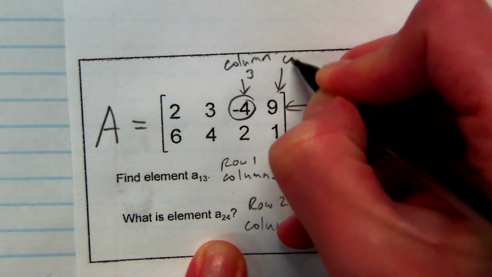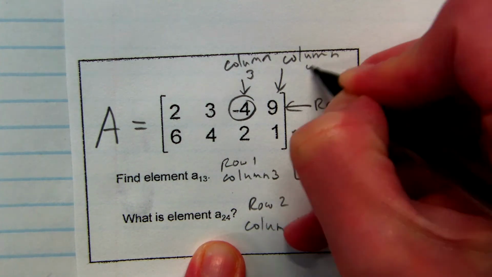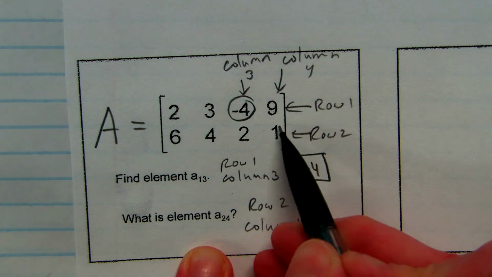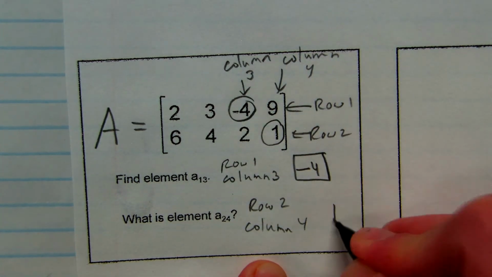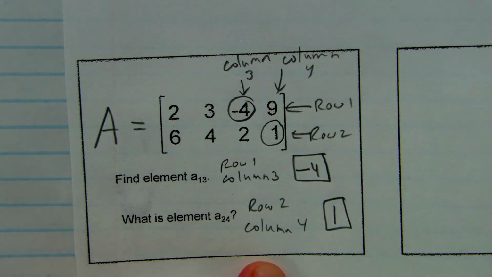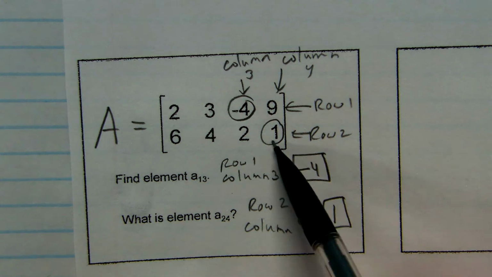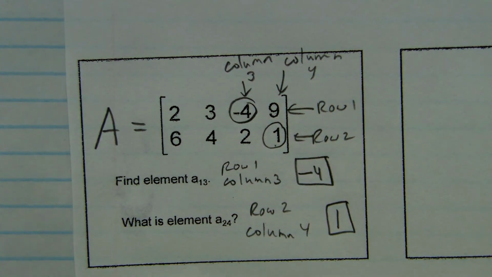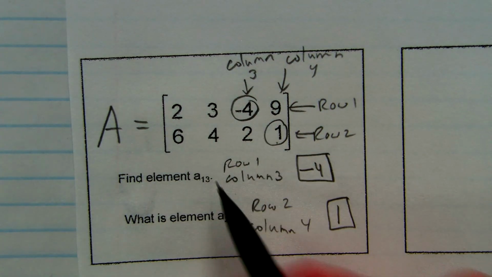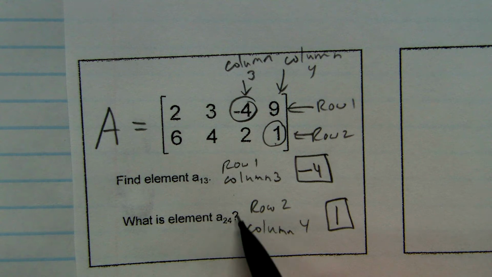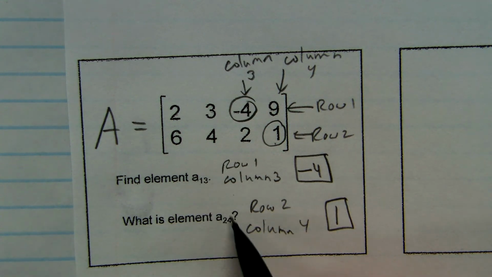Here is column 4. So that would be this 1 right here, and I would say that that entry is 1. So it's an address. You could think of it in terms of sort of latitude, longitude to find numbers inside a matrix. So it's not A13, it's not A24, it's A13 and A24.